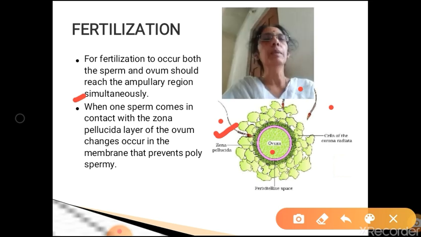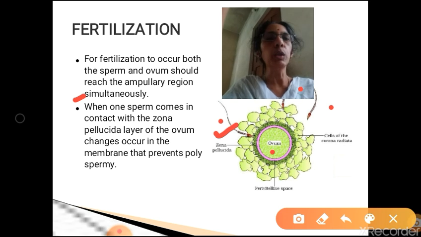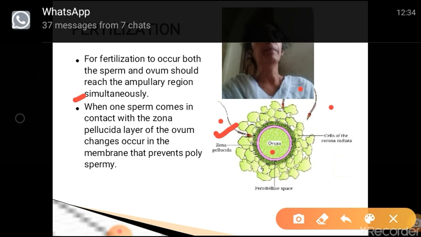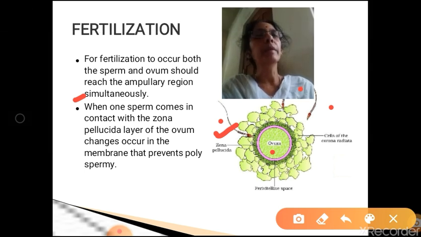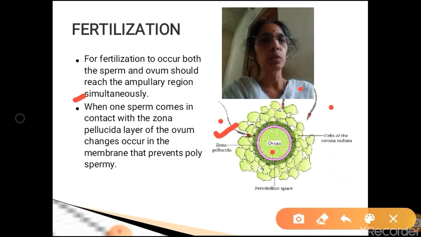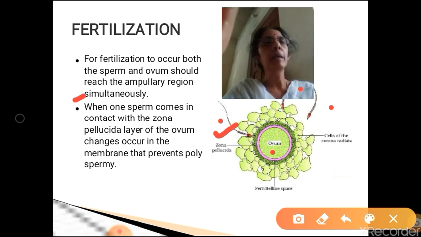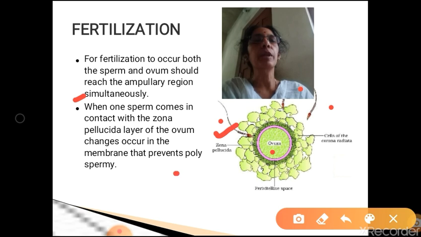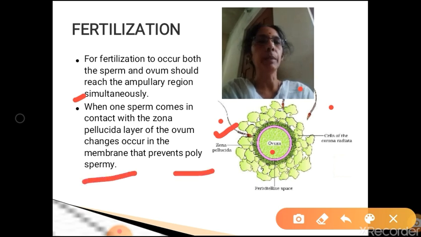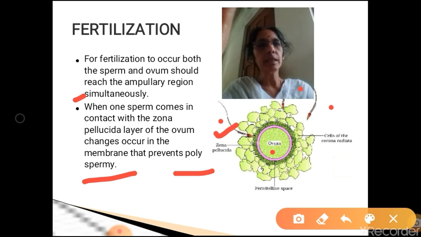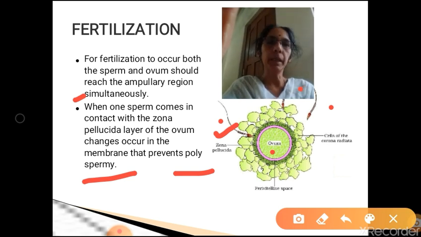When one sperm penetrates the zona pellucida region, a change takes place on the membrane that prevents other sperm from penetrating it. So, the change in the membrane prevents the phenomenon of polyspermy. Poly means many. So, this prevents the fertilization of the ovum by many sperms.